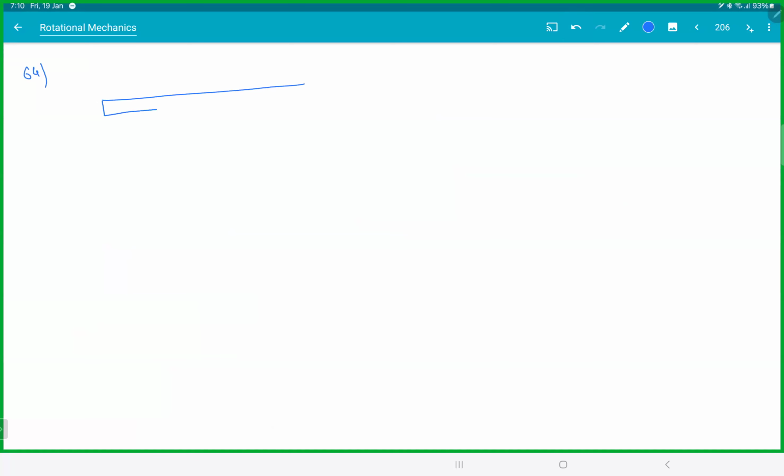We have a rod here, hinged at one end, mass m, length L. On top of this rod, there is an insect, mass m, going with speed u, the speed of the insect with respect to the rod.